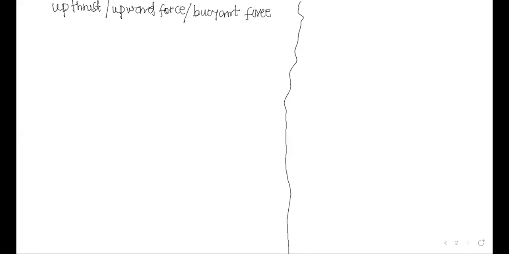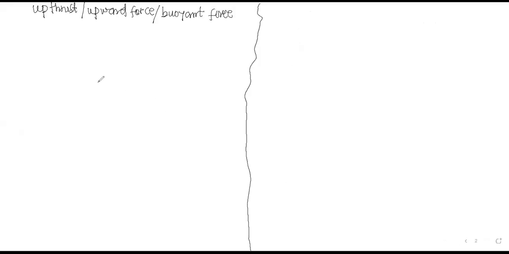These are different terms to describe the same thing. Upthrust is a force which dwells in liquids. So upthrust dwells in liquids.